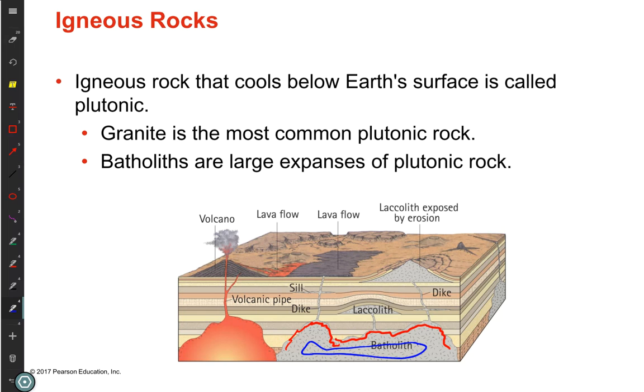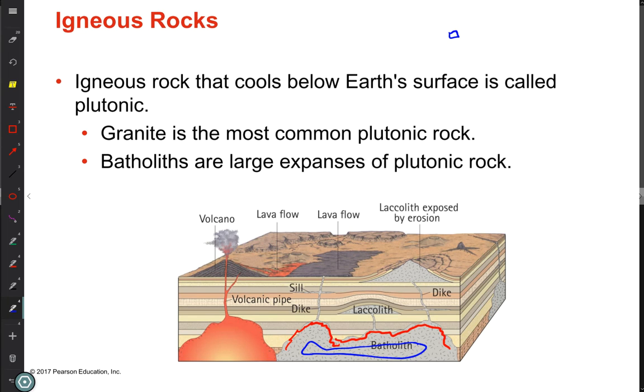And because it froze very slowly, what does that tell you about the crystal growth? High. Has high crystal growth. And so if you look at that granite, you'll see crystals like this big of quartz, and next to it plagioclase, and you'll have different kinds of crystals that you can easily see with your eye because these crystals grew for long periods of time as it very slowly cooled.